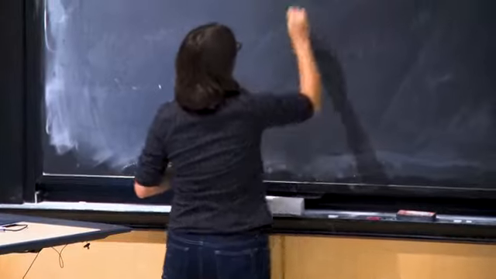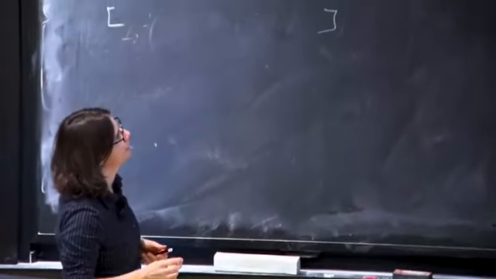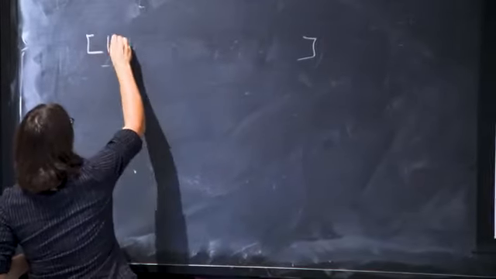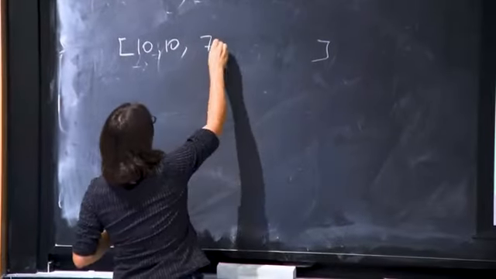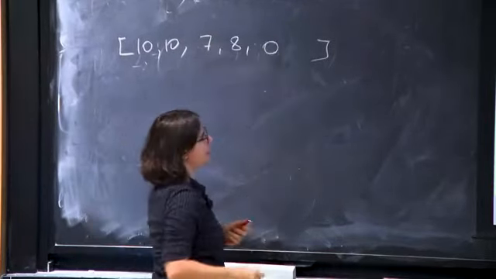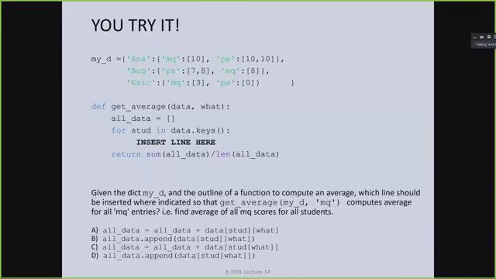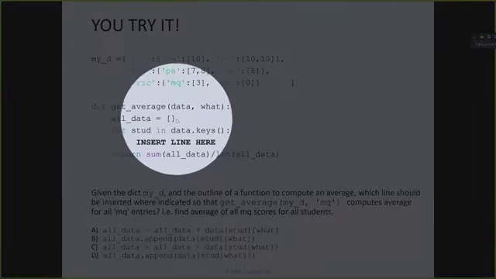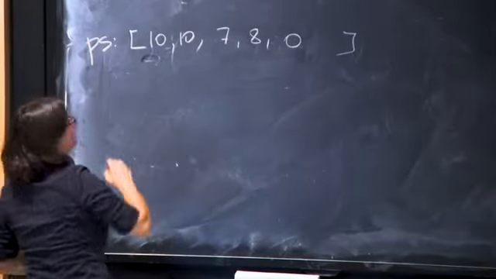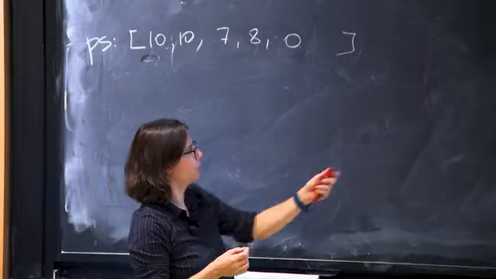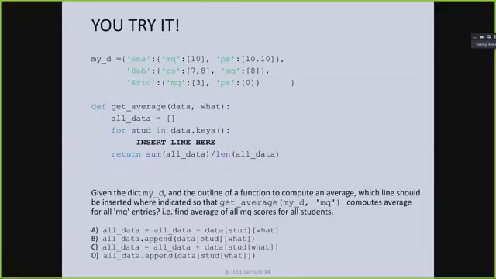The thing you actually want to end up with, if we're looking at the PS scores, just because it's a little easier to think about, is going to be 10, 10, 7, 8, and 0. So in the end, what I would like to get in my all data, this list that I'm maintaining here, is something like this for the PS. So think about which one of these lines will accomplish that.